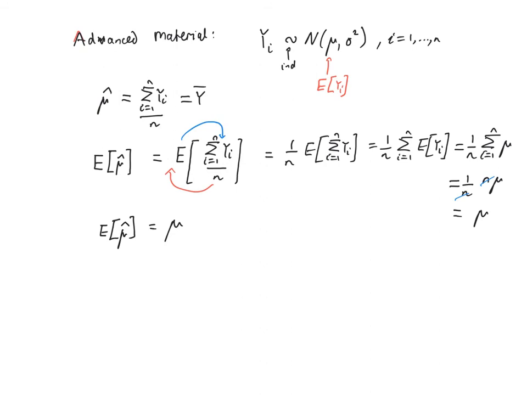And this means that on average, the maximum likelihood estimate mu hat is the value mu that it's trying to estimate. So we say that mu hat is an unbiased estimator of mu. Now, what does that mean?